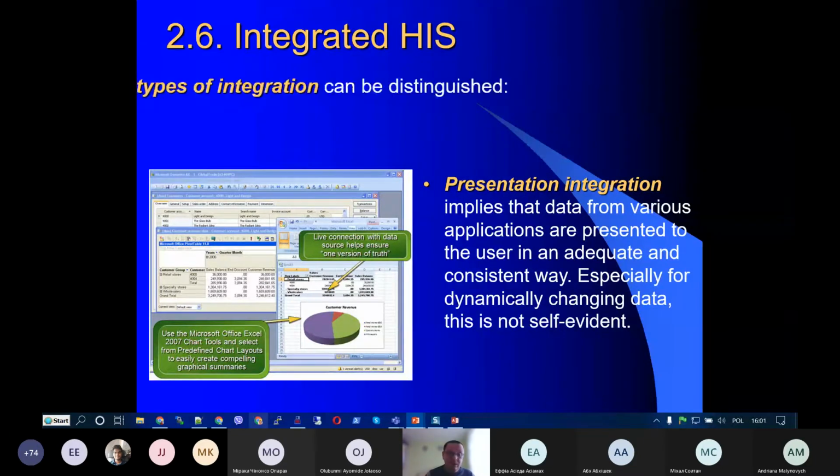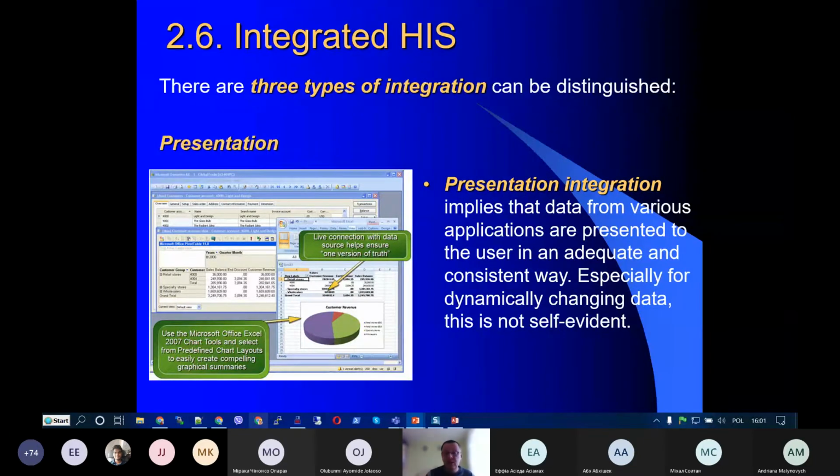Another approach is presentation integration, when data from various applications is presented to the user in an accurate and consistent way.